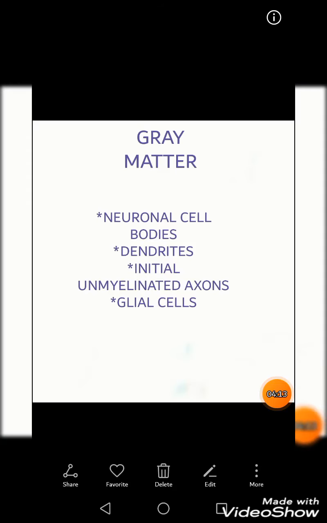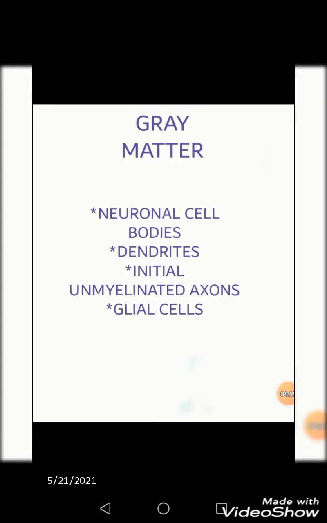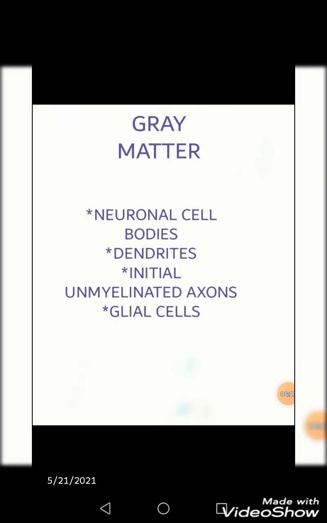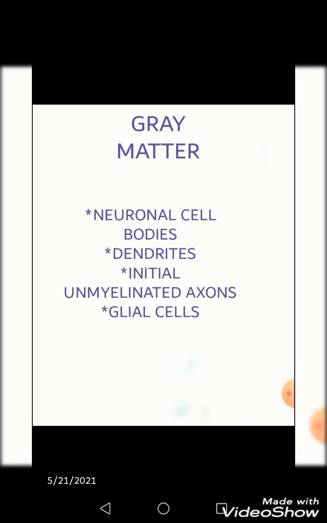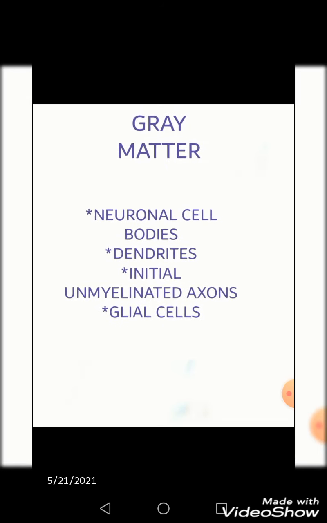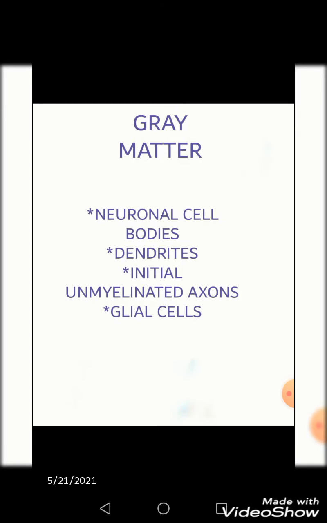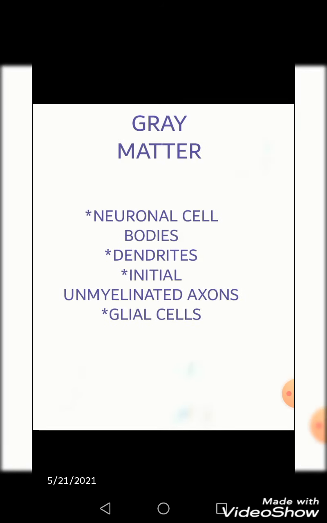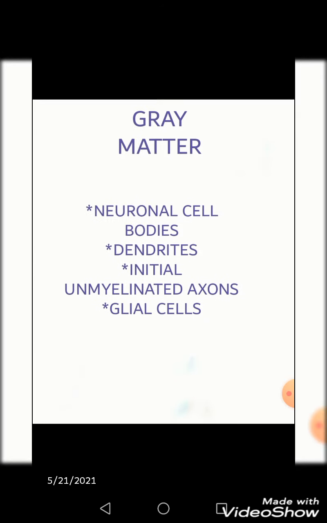Now we have to learn in general that the gray matter, which is a seat of intelligence in the spinal cord, consists of neurons or neuronal cell bodies and their dendrites, right? And we expect the initial unmyelinated axons to be a part of the gray matter. And the last thing is the neuroglial cells.